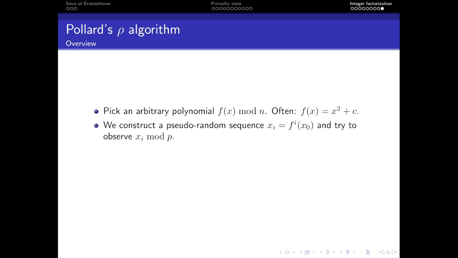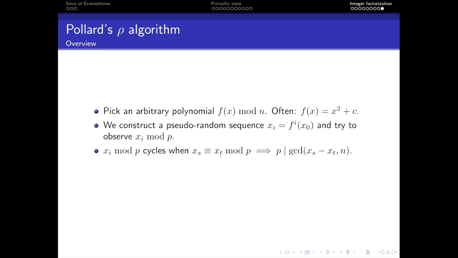And next, we're going to observe x sub i modulo p. Obviously, we don't know p. p is the number we're trying to get, but there's still one observation we can make about it, namely that x sub i mod p cycles when there are two indices, s and t, that are equal in this x sub i mod p cycle.